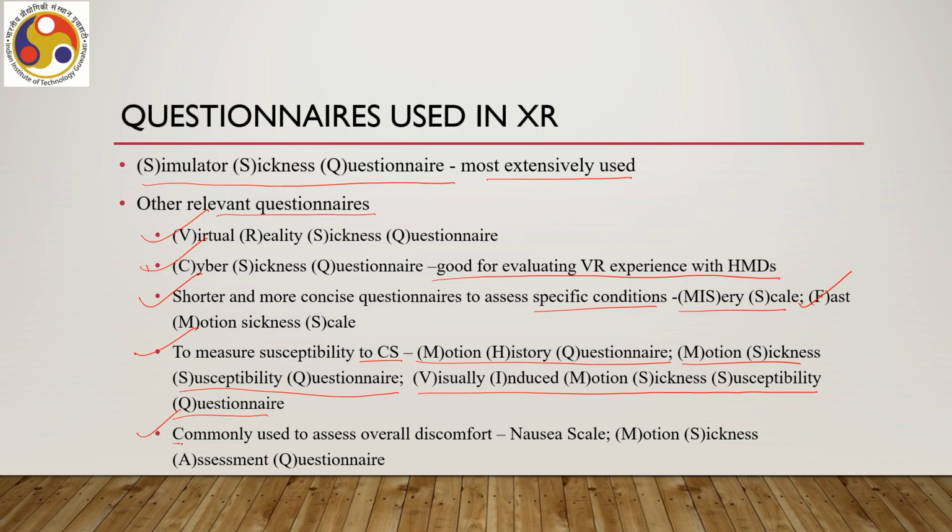Also commonly used questionnaires to assess overall discomfort are there, such as the nausea scale, the motion sickness assessment questionnaire or MSAQ and so on. So, these are specifically designed for immersive experiences. To be more precise, these are specifically designed for specific aspects of immersive experience, that is primarily related to cyber sickness.